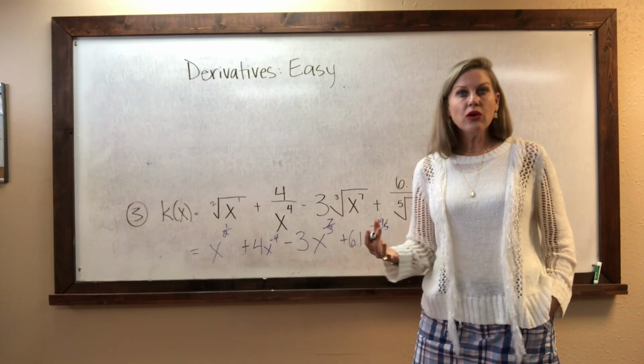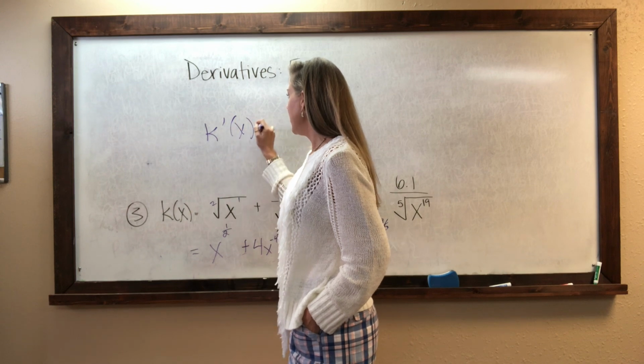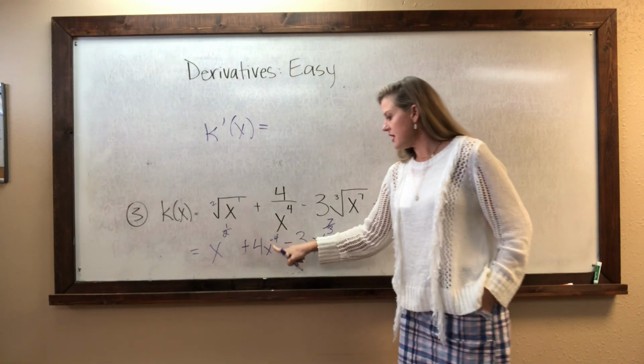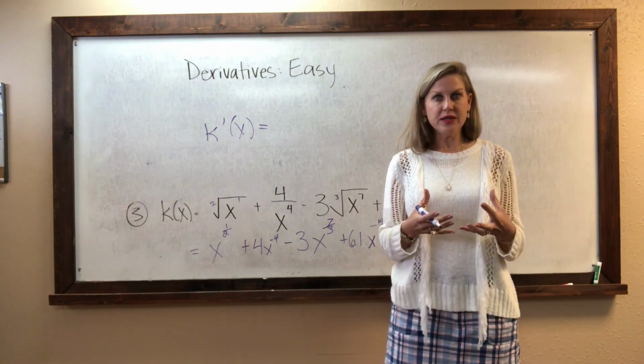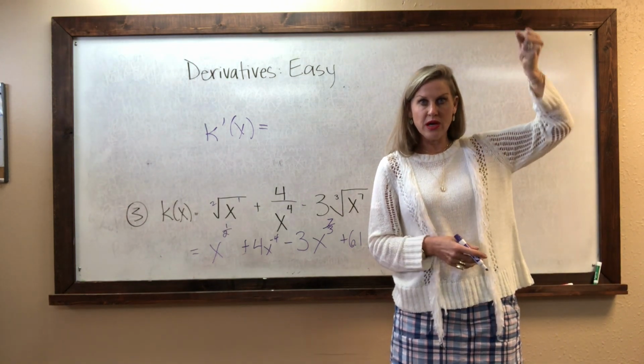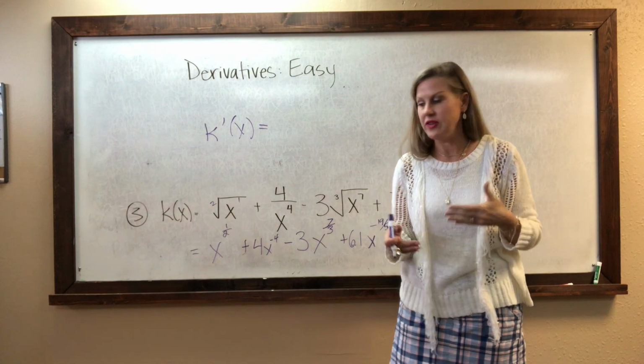So now when I derive this, k prime of x, I can see that everywhere I have a variable, the variable is the base and it's holding a numerical exponent, like a boy holding a balloon, which makes them all be drop and flops.